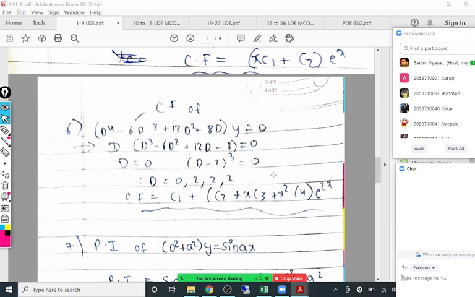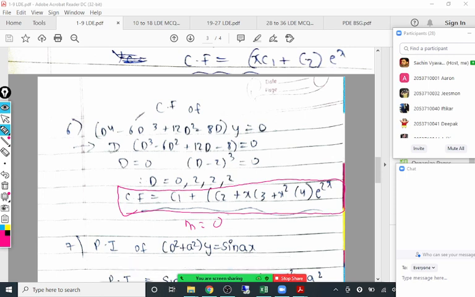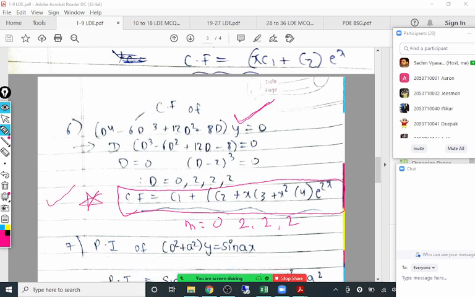For example, if this option is one of the choices, it indicates the root should be 0, that is C1 into e raised to 0x, and e raised to 2x with a quadratic term, so it is 2, 2, 2. You have to cross check whether these 4 values satisfy this equation or not. If it satisfies, then this is the correct one. So you can go by hit and trial also.